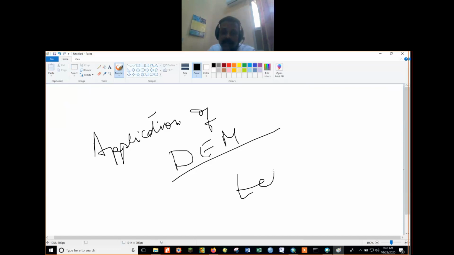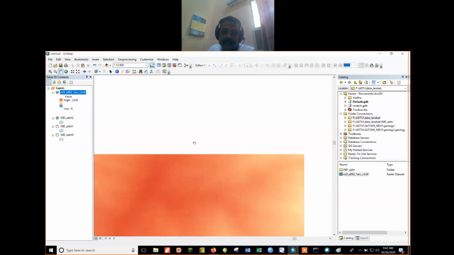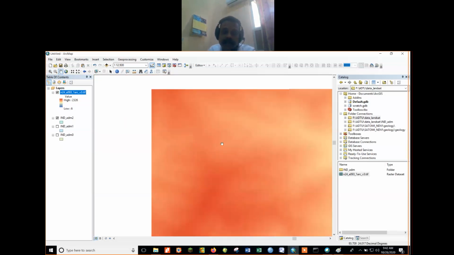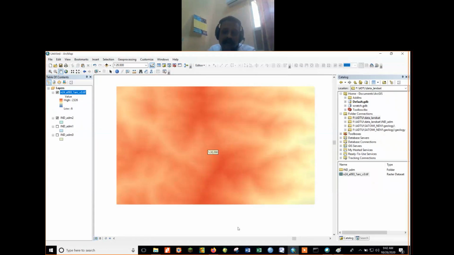Okay, rather than terrain parameter, what can we tell about parameters? What may be the terrain parameters? Come on. What do you understand by terrain?